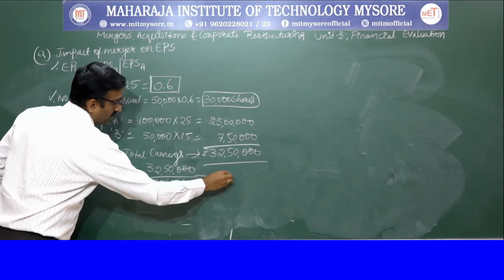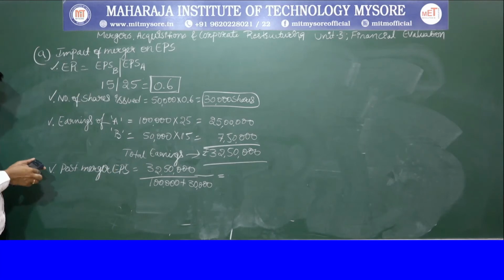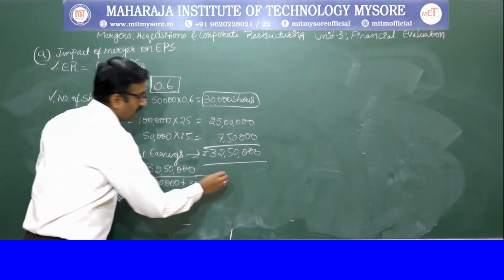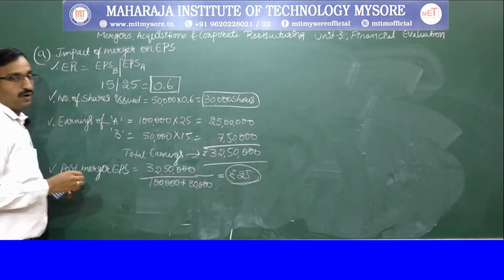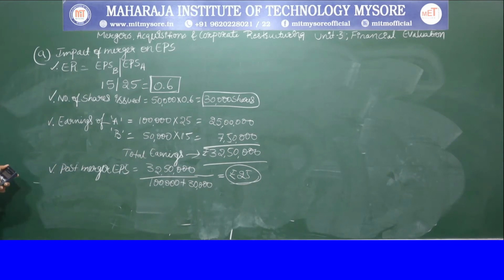Total it is 1,30,000. So 32,50,000 divided by 1,30,000, if you do, you will get 25 rupees as the post-merger EPS.